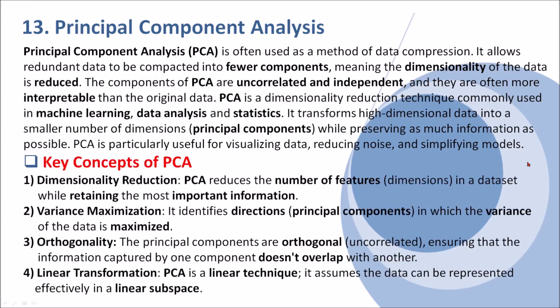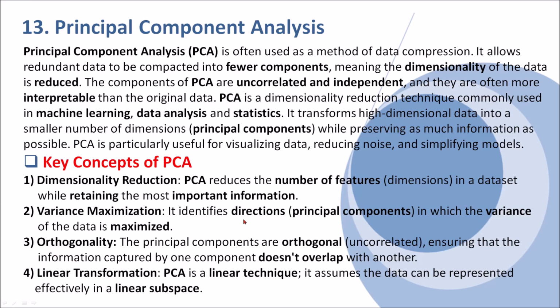Now, let's see the key concepts of PCA. First, dimensional reduction. PCA reduces the number of features, namely dimensions, in a dataset while retaining the most important information. Second, variance maximization. It identifies directions, namely principal components, in which the variance of the data is maximized. Third, orthogonality.